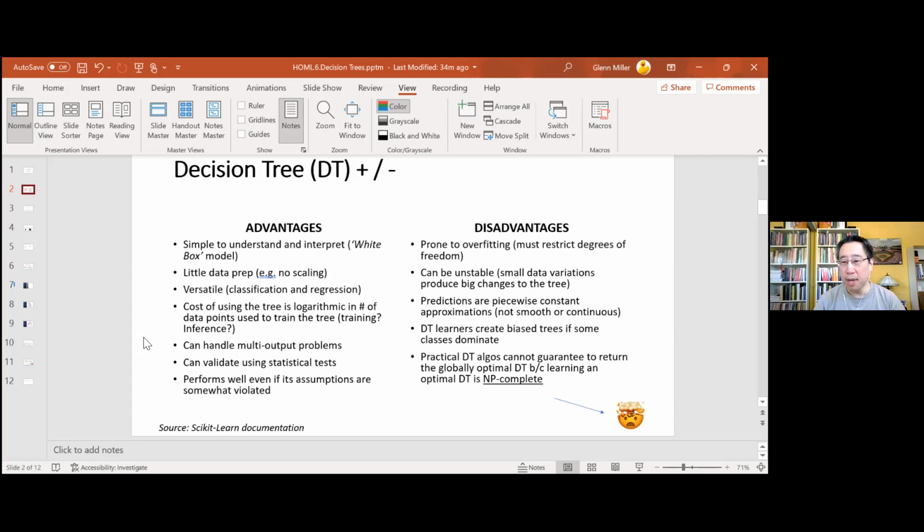But maybe if instead the first thing you had done was split based on shoe size, even though it wouldn't immediately help you, it would have down the road made it much, much easier to classify your data. There's no way to know all those what-if questions. And so what they're saying is NP-complete. It's more than polynomial time. It's exponential time to consider all those what-ifs. So instead, they build what Maya said: a pretty good tree, but it's not guaranteed to be the best possible tree.